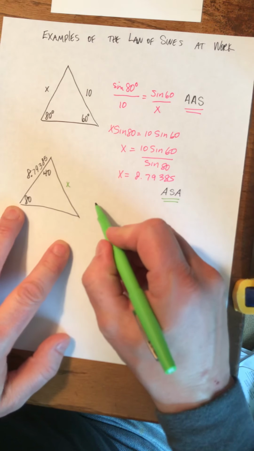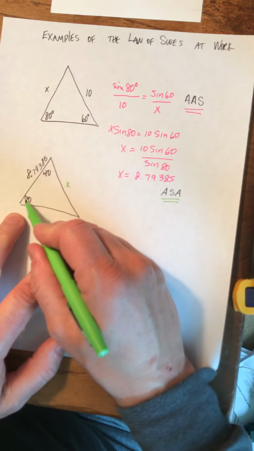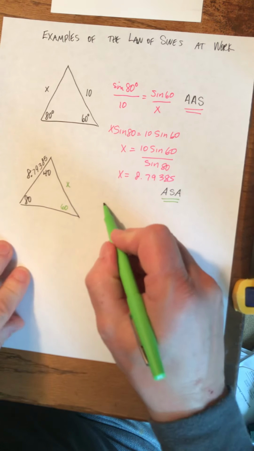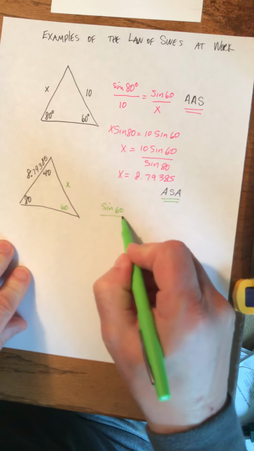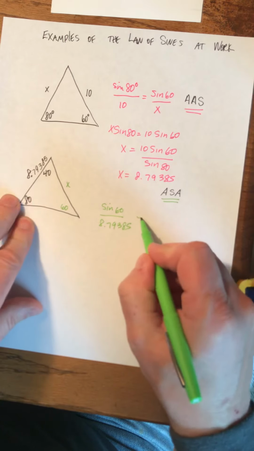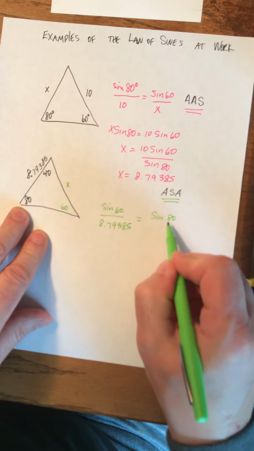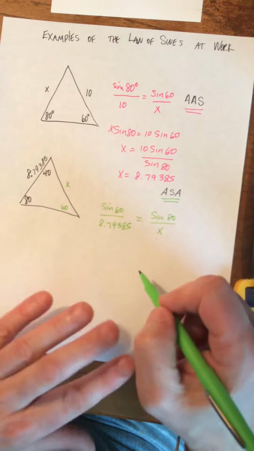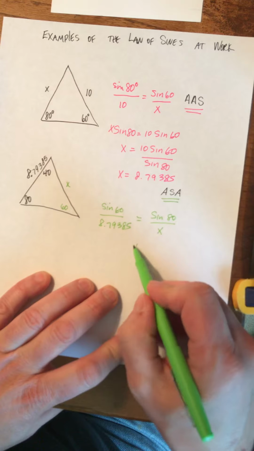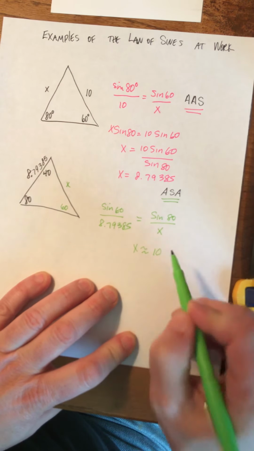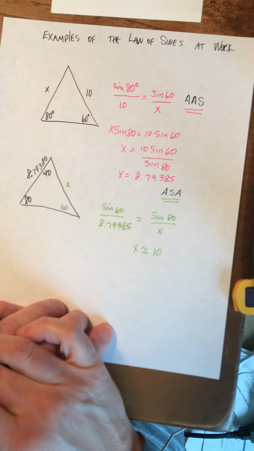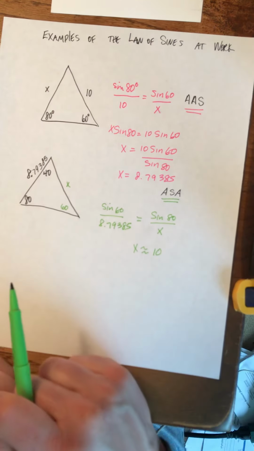If this were 40 and 80, we could put a 60 in here, and we could do the sine of 60 over its opposite side equals the sine of 80 over its opposite side, which is x. If you cross multiply and divide, just like we did up here, you'll see that x should come out pretty close to 10. So when you're given two angles, it's pretty easy to solve for the missing parts.